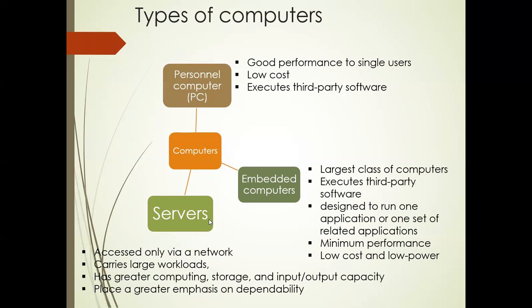Now, the third category, the server. The server should be accessed via a network. It can be, for example, a cloud server. It can be a fog server. It can be a data center. It should carry a large workload, because millions of users will be accessing the server. Take, for example, the case of YouTube.